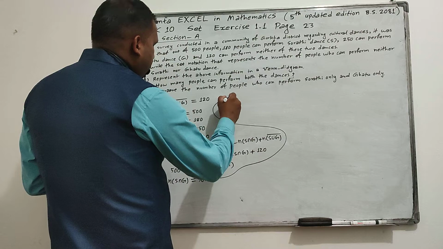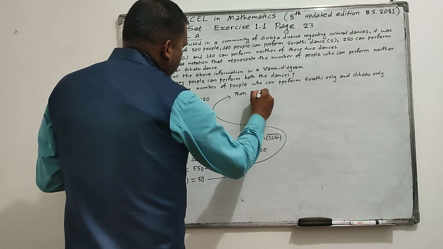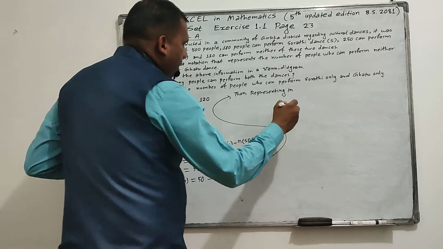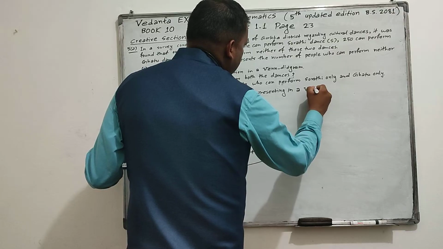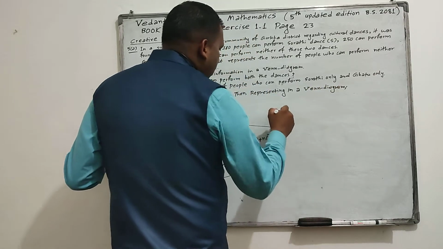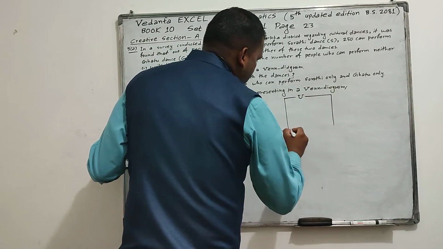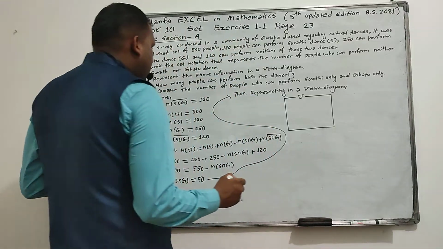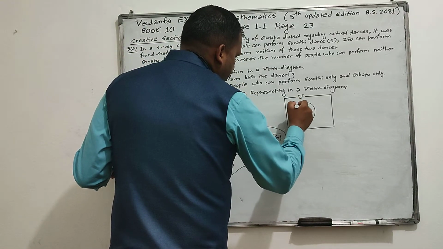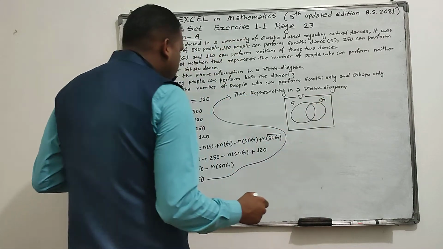After this, representing in a Venn diagram. We need U, the universal set, then its subsets are S and G. S for Surati dance, set G for Gatu dance.